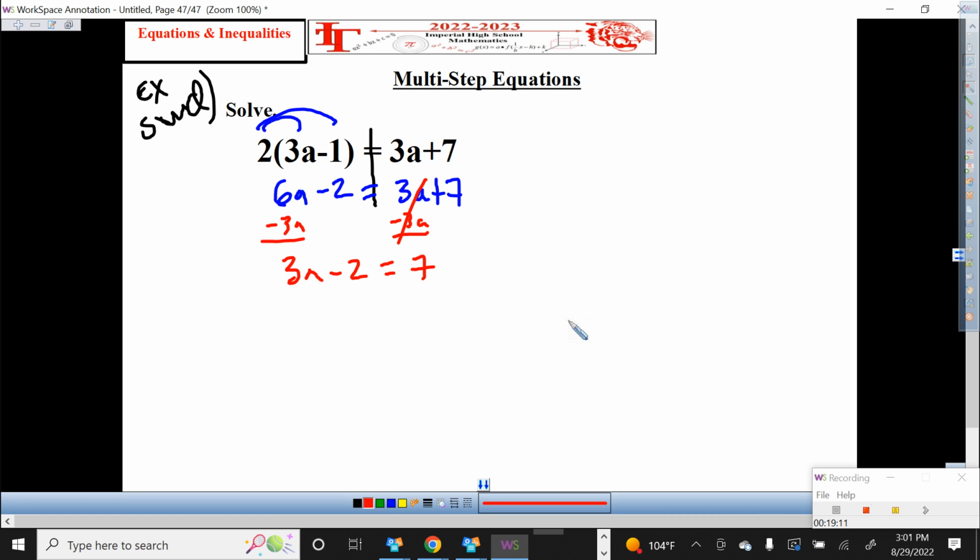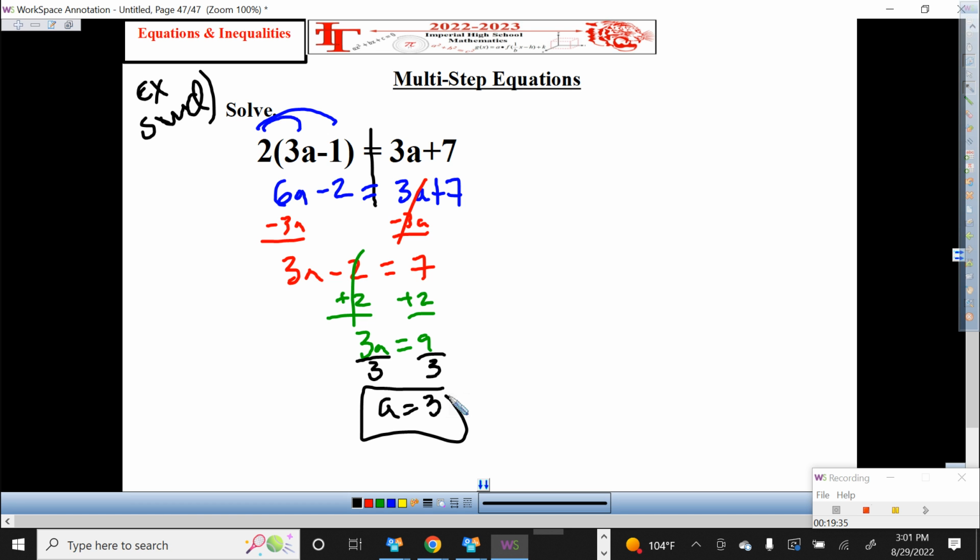All right, continue, Kira, go. Add 2 to both sides, we got 3a equals 9. And everyone, last step, divide by 3, a equals 3. Hands if you got that. Yeah, we got this, yes?